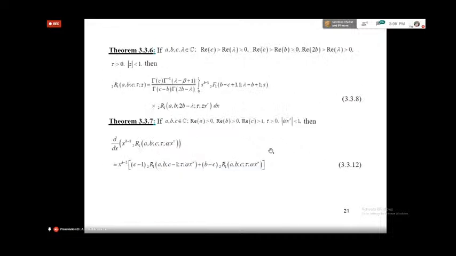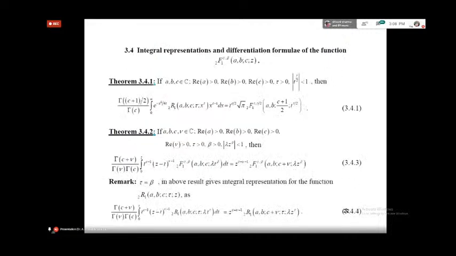So here, my next one is theorem 3.7.7. Then this can be written in this form, that is 3.3.12. And now here, and difference for the same. So this is again the extended work of Watsenko in 2008. So here this is of this function.